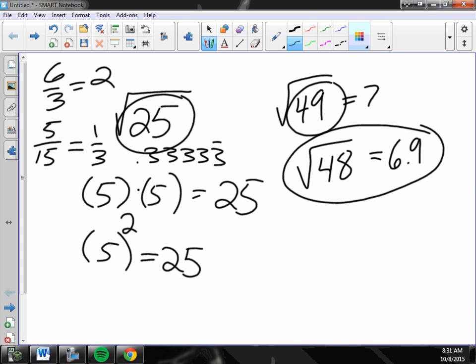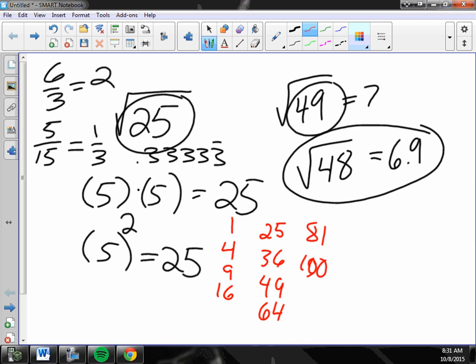So the perfect squares are 1, 4, 9, 16, 25, 36, 49, 64, 81, 100. Does one of these numbers divide into 48 evenly? 16 does.